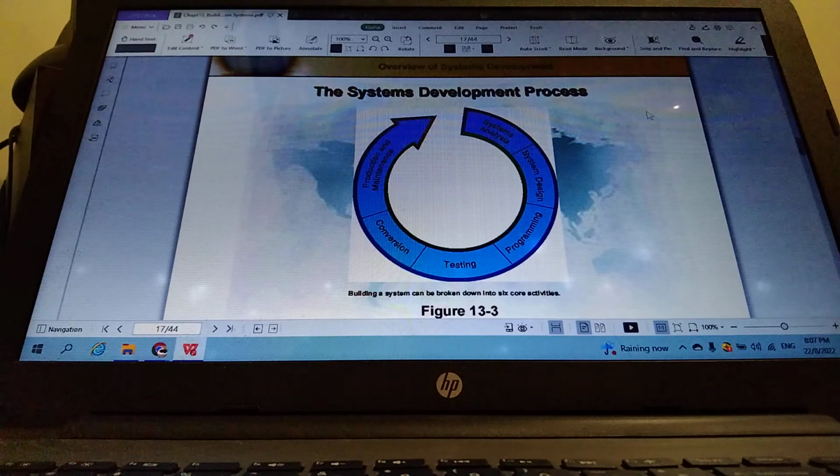So there will be balance checking activities to make sure everything is in place before we move on to the next step, and that continues until we implement and have the system live.